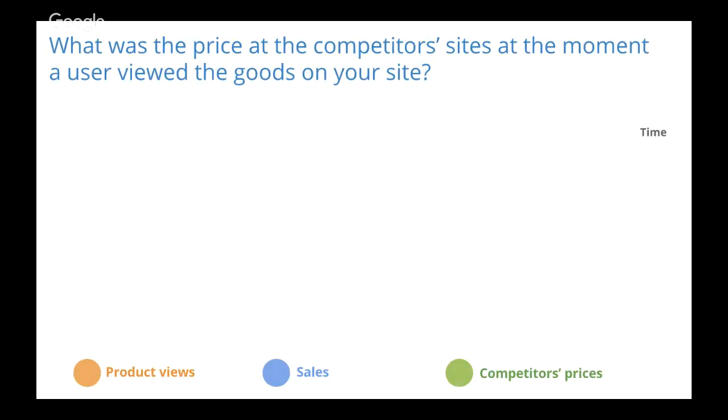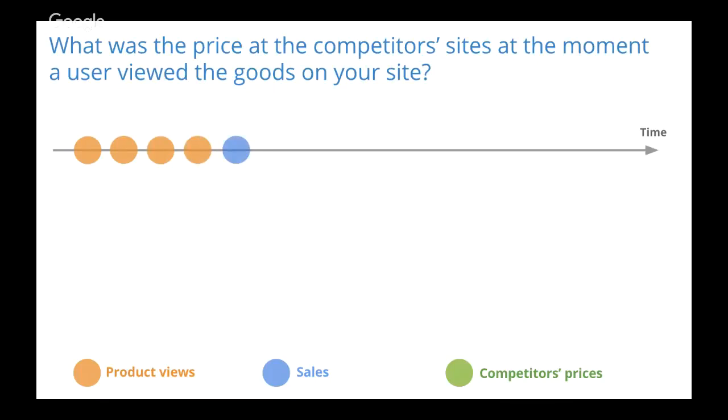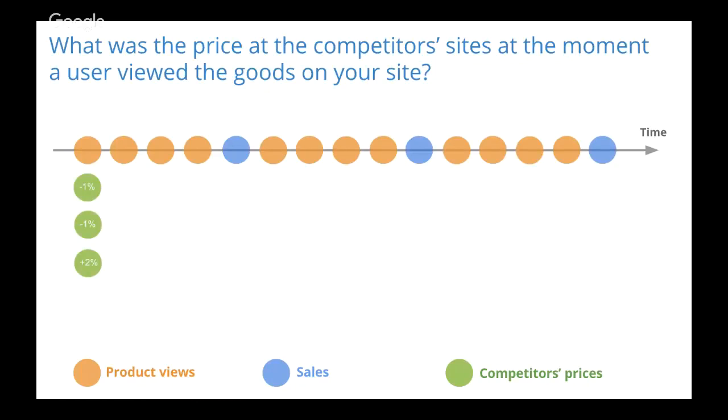If we visualize this process, the logic will be the following. I will represent the product views as orange circles and sales as blue circles. We have a user who is browsing the website. He visits several products, and some of them he purchases. Then for every product we need to get the difference with the same product on the competitor's website.